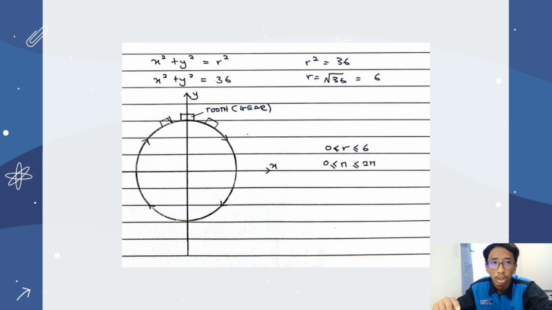So we take the square root of 36 and get the radius, which is 6. From our graph, we know that the limit of r is 0 until 6, while theta is 0 until 2 pi, because the shape covers the whole quadrant, which is quadrants 1, 2, 3, and 4.